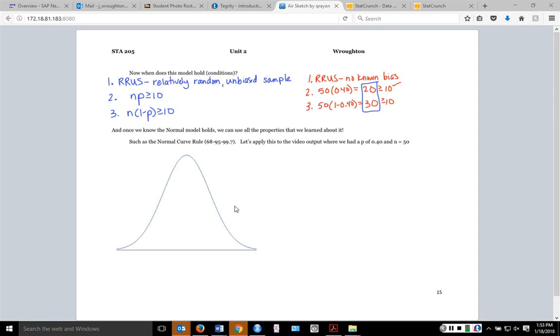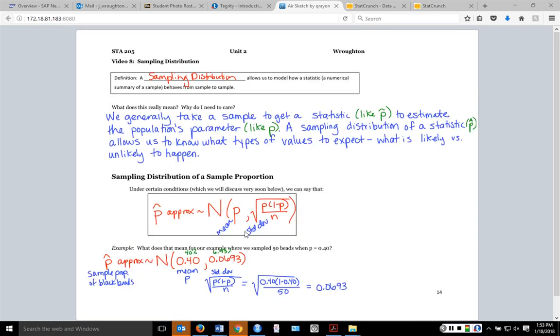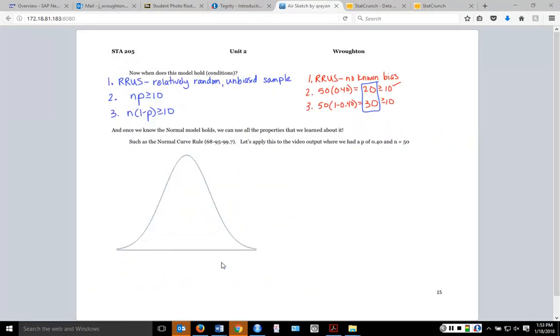So let's do this for our p of 0.4 and sample size of 50. There's this calculation that we just did here. I'm going to use this mean of 0.4 and my standard deviation of 0.0693. So we're going to have our mean, and then we go 3 standard deviations in either direction.